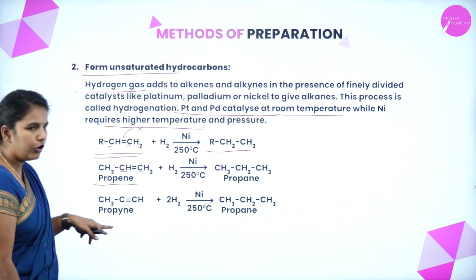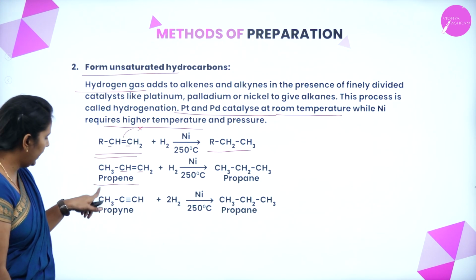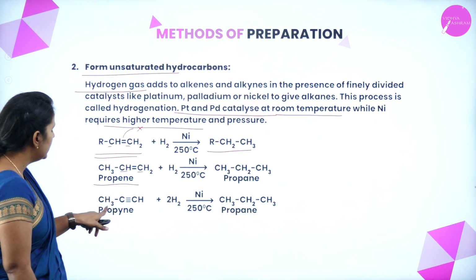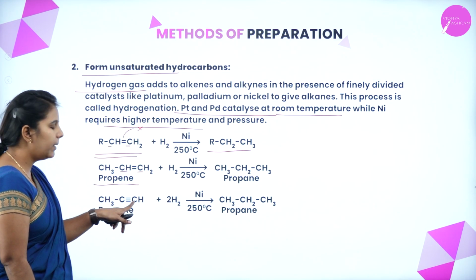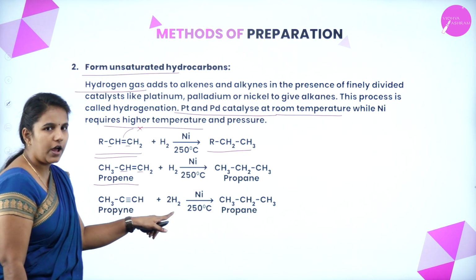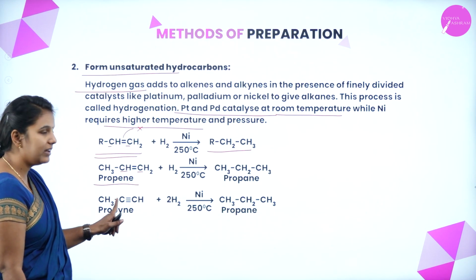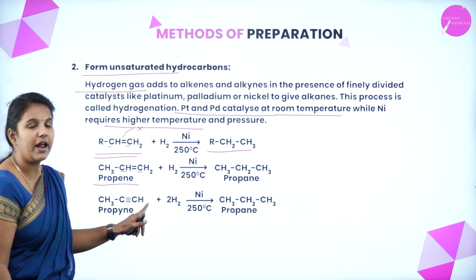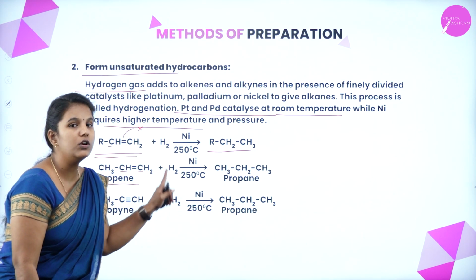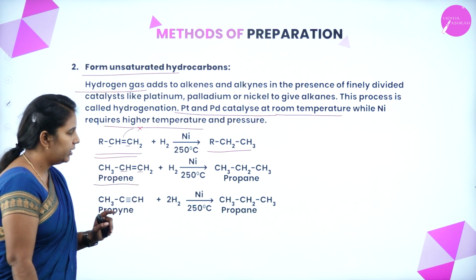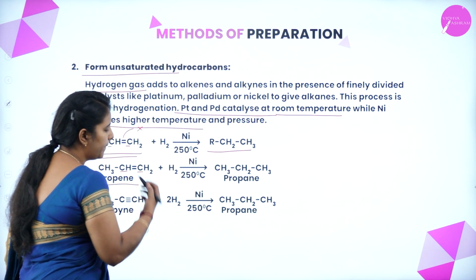Similarly, you can write it for the alkyne. I have written for the propyne CH3C triple bond CH, and when you are adding the hydrogen, you must be careful here. We know that there is a triple bond between the two carbon atoms. So you must write two hydrogen molecules you are adding, so that it will become propane.